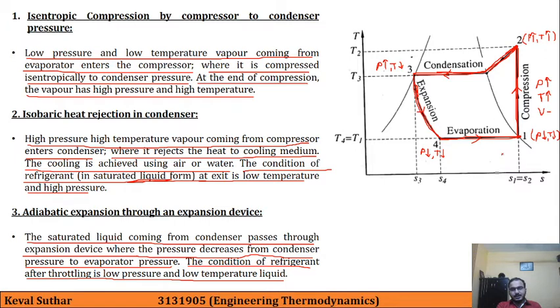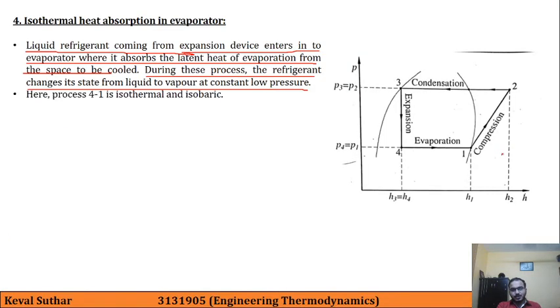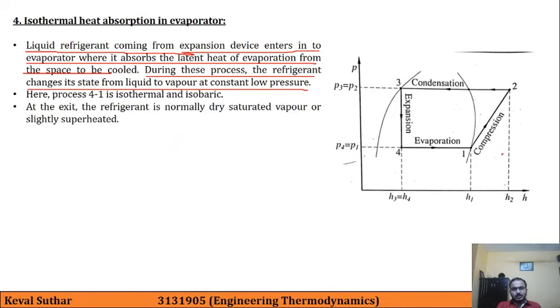And the same TS diagram is now shown in the pH chart. Here process 4 to 1 will be isothermal as well as isobaric. And at the exit, the refrigerant is normally dry saturated vapor or slightly superheated.